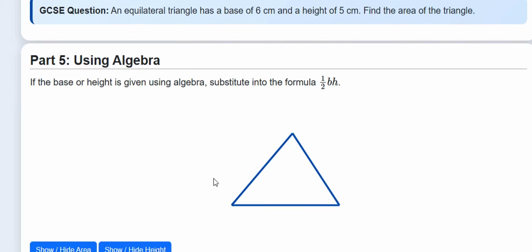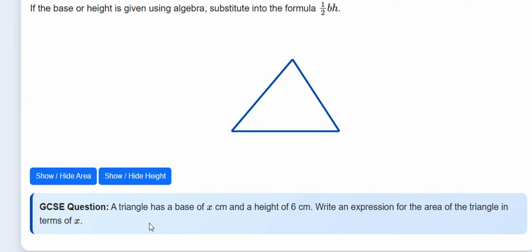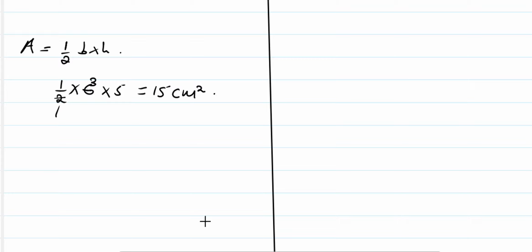How about if we are told we have to find an area where algebra is involved? So in this case, for example, you are told a triangle has a base of x centimeters and a height of 6 centimeters. Write an expression for the area of the triangle in terms of x. First of all, we know the area of a triangle, area A, is given by a half base multiplied by height, like that.